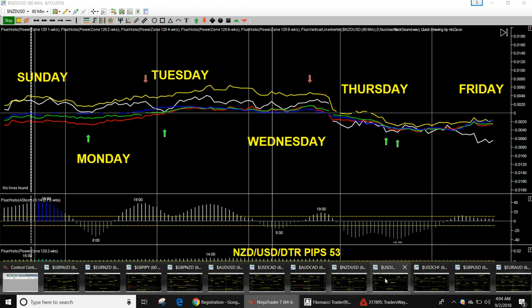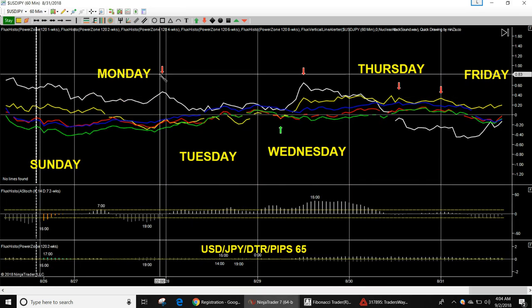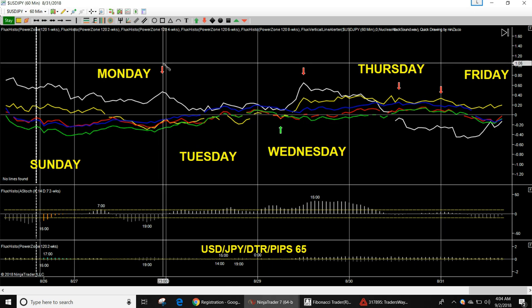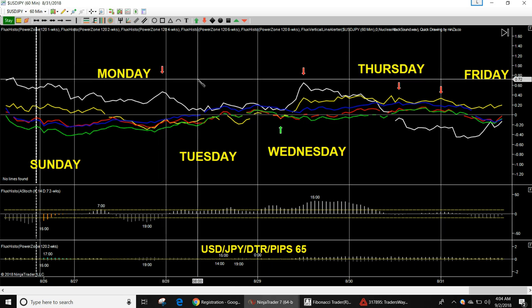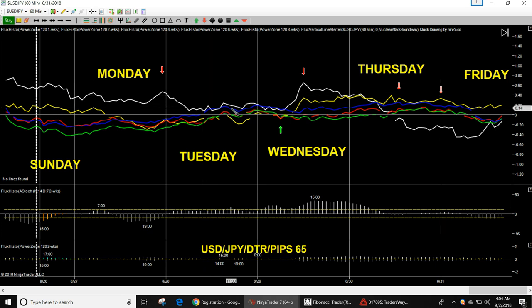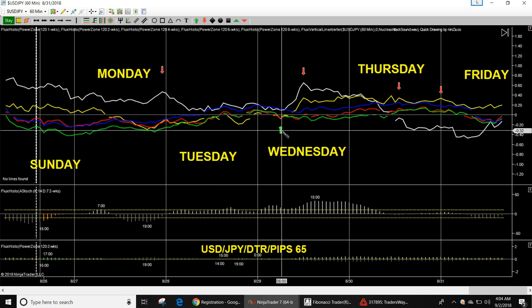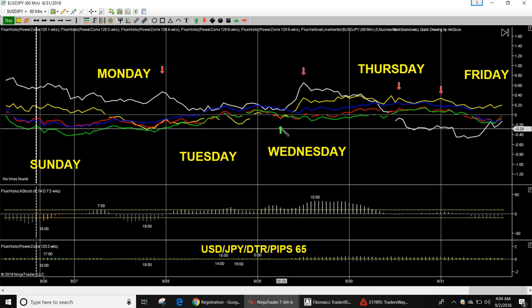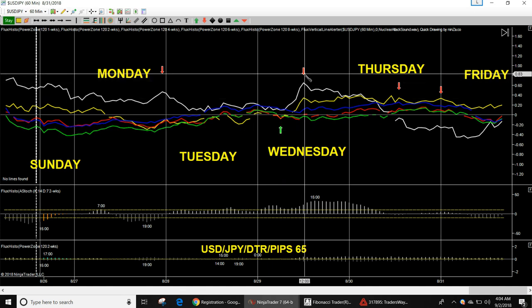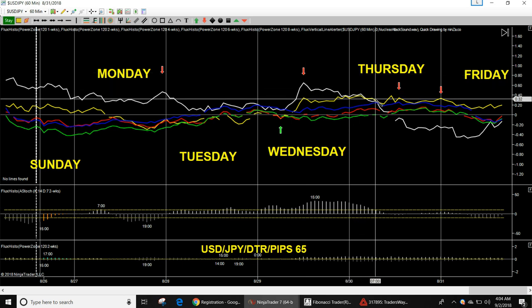Okay, next up is going to be the US dollar JPY. Looking for a sell opportunity here, 2300 on Monday. Look for a down move on the US dollar JPY, sideways movement. And then on Wednesday, 6 a.m. in the morning, looks like up move on the US dollar JPY. And then 12 p.m. look for a down move on the US dollar JPY.